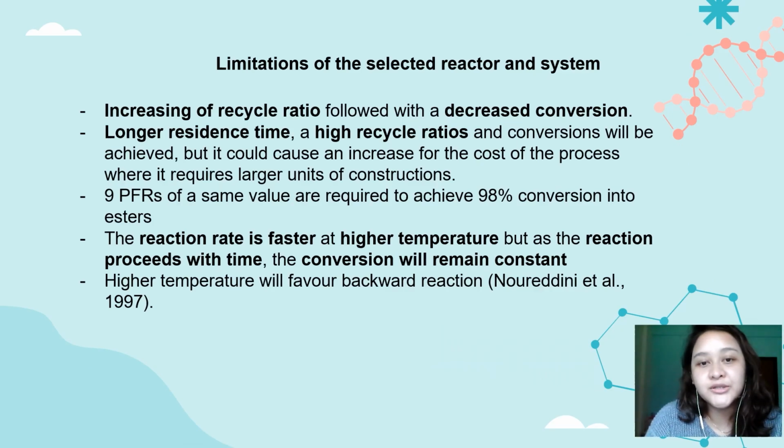For the limitations of the selected reactor, in this case the PFR, it could increase the recycle ratio followed by a decreased conversion, and longer residence times will achieve high recycle ratios and conversions, but it could also increase the cost of the process, as it requires larger units of construction, such as 9 PFRs of the same volume required to achieve 98% conversion into esters.